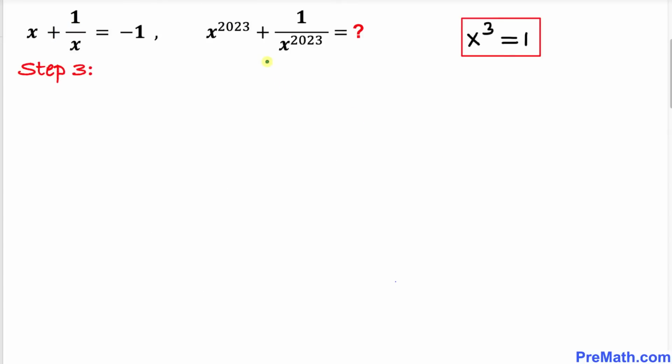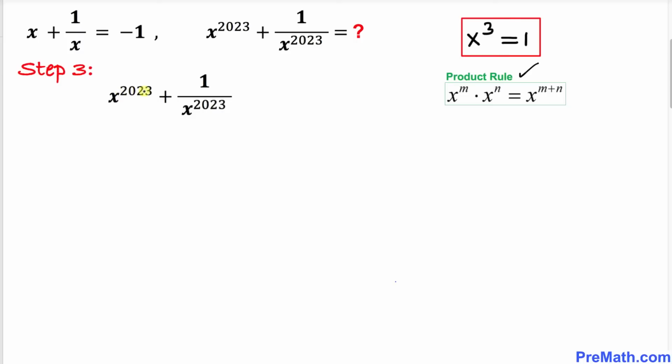And here's our next step. Let's focus on this part now: x to the power 2023 plus 1 over x to the power 2023. And here I have copied it down, as you can see. Now we are going to tweak this expression by using the product rule.